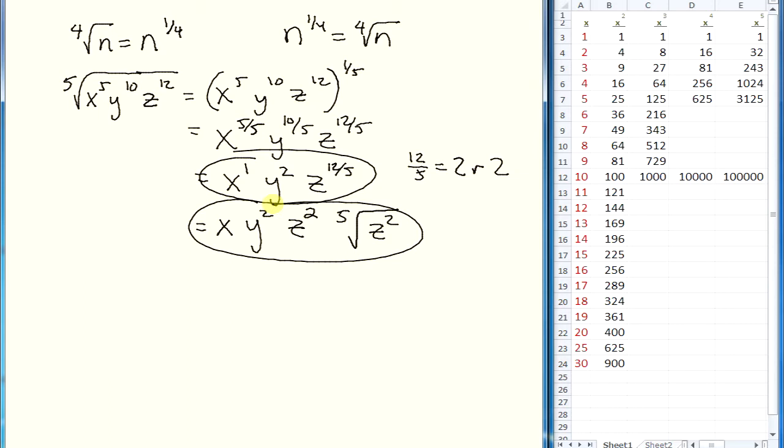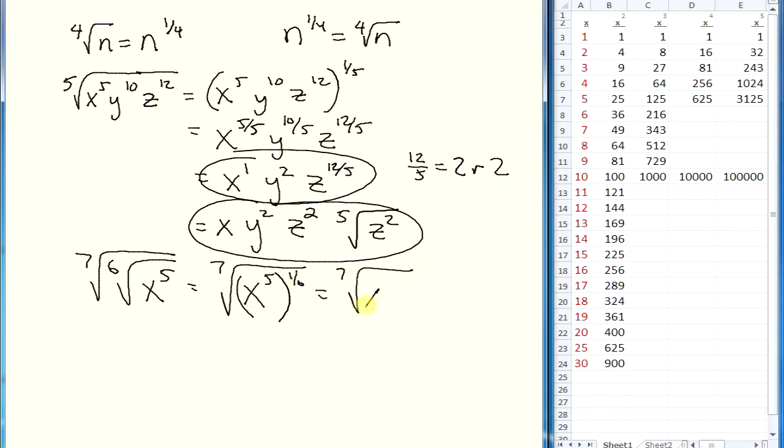You can use this as follows. For instance, if I actually have the 7th root of a 6th root of, let's say, x to the 5th, what I would do is look at the innermost piece first and write that as x to the 5th and raise that whole thing to the 1/6. Well, that means I'm actually looking at the 7th root of x to the 5/6.